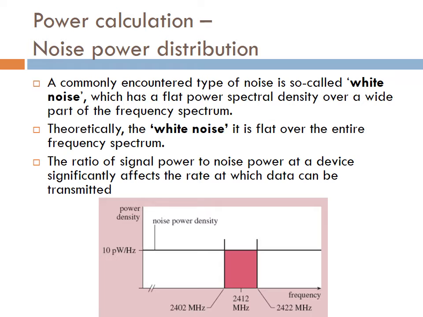A commonly encountered type of noise is so-called white noise, which has a flat power spectral density over a wide part of the frequency spectrum. Theoretically, white noise is flat over the entire frequency spectrum. The ratio of signal power to noise power at a device significantly affects the rate at which data can be transmitted.